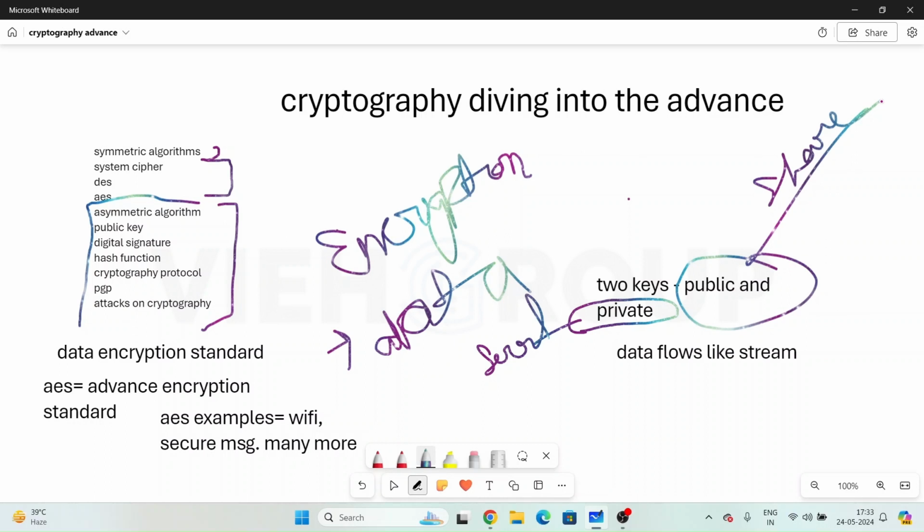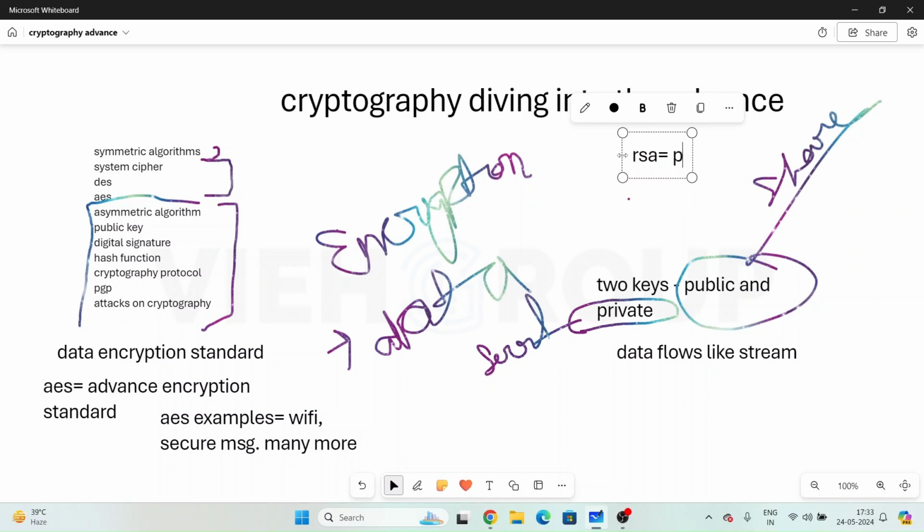Anyways, now about RSA. There are so many definitions and full forms. What is RSA? RSA is the most famous algorithm.